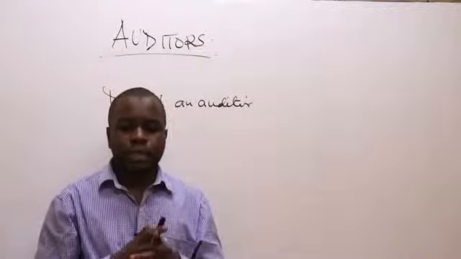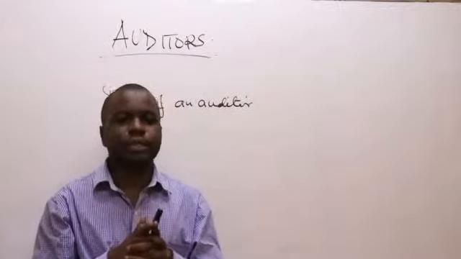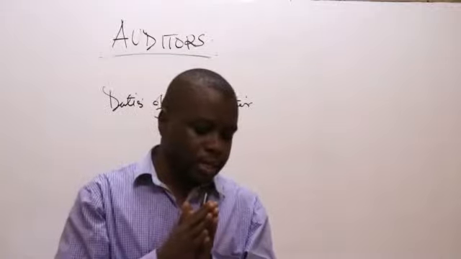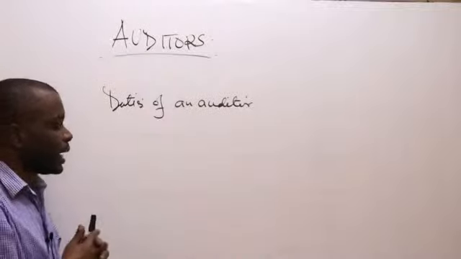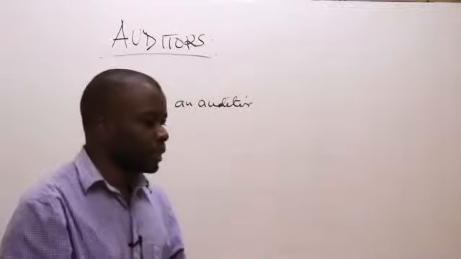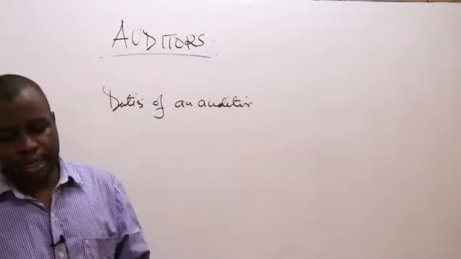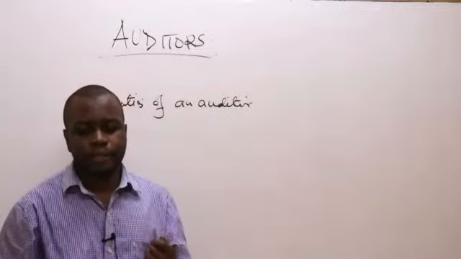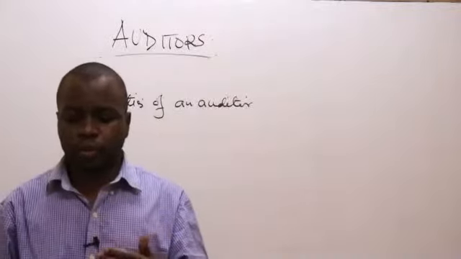So when you talk about ensuring that he's carrying out his work with reasonable care and skill, it summarizes many of the attributes that he must ensure he has as an auditor of the company. We talked about, for example, honesty, integrity, professionalism, independence. All of those should be met by the auditor while he's carrying out his work as an auditor of the company.